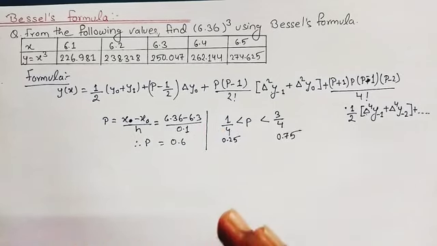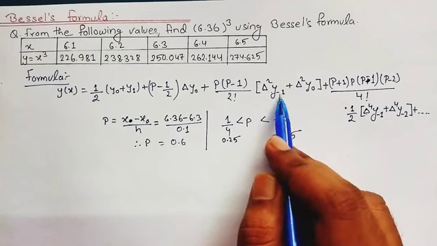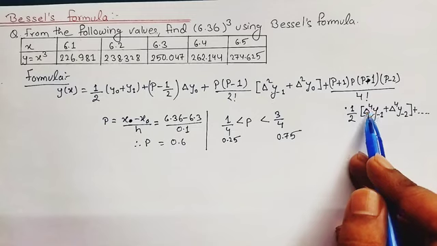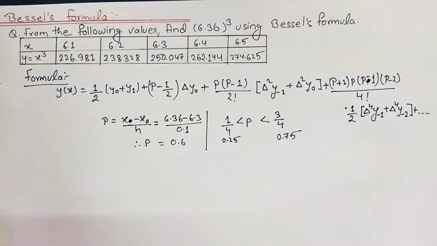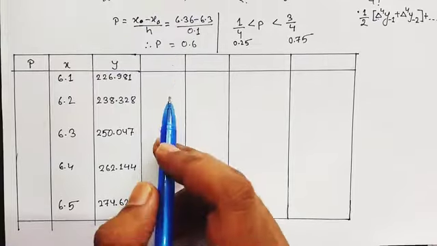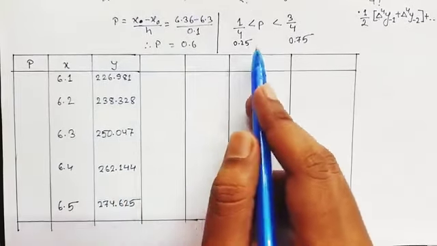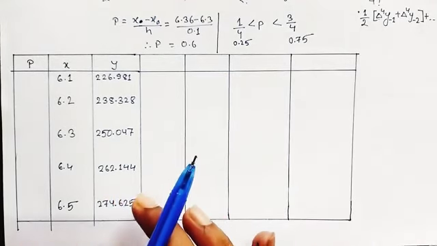Now we need to draw a table in which we will find the values of delta y_minus1, delta y_0, delta 4 y_minus1, like that. You can see that our p, 0.6, lies between 0.25 and 0.75. It means we are able to use Bessel's formula here.